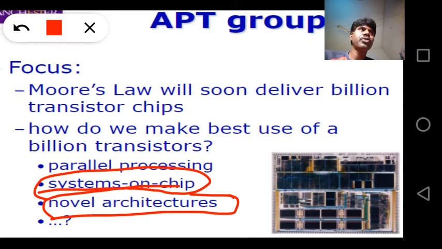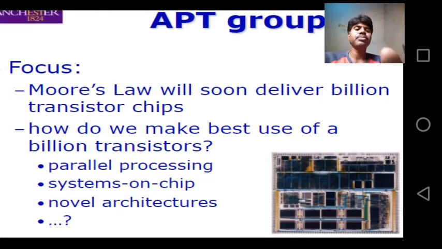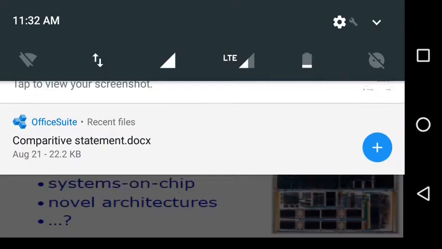See, the vector processor and array processor are advanced. Like that, there has been so much research going on into how to design a novel, different or new architecture, and Moore's law will soon deliver billion transistor chips. How to make best use of billion transistors is again an important thing here.